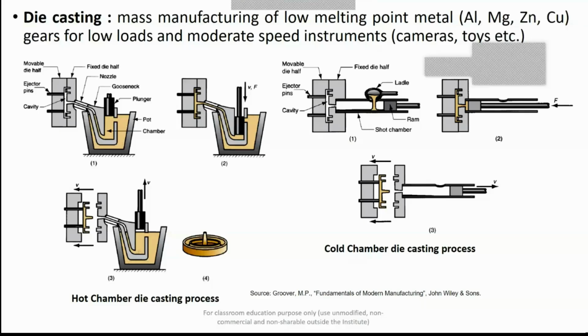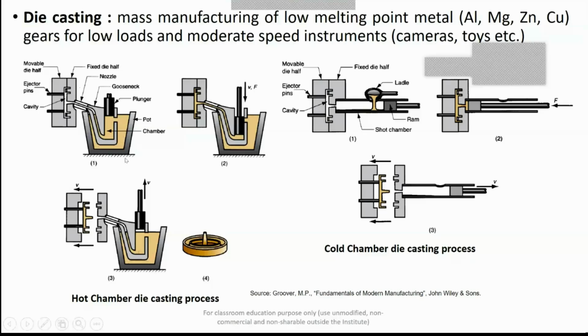We have two types of die casting processes. If you remember from your manufacturing class, one is the cold chamber die casting process and the other is the hot chamber die casting process. The hot chamber process is adopted for low melting point materials like zinc and magnesium. In this figure, there is an arrangement having a goose neck, a special structure used in the hot chamber die casting process.